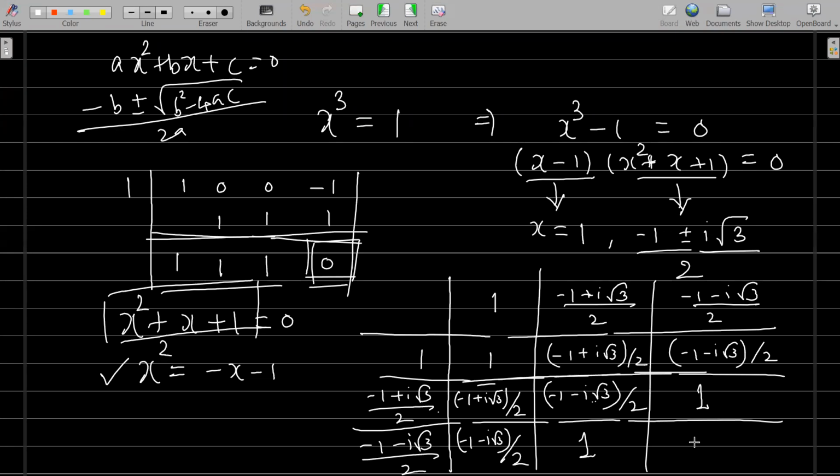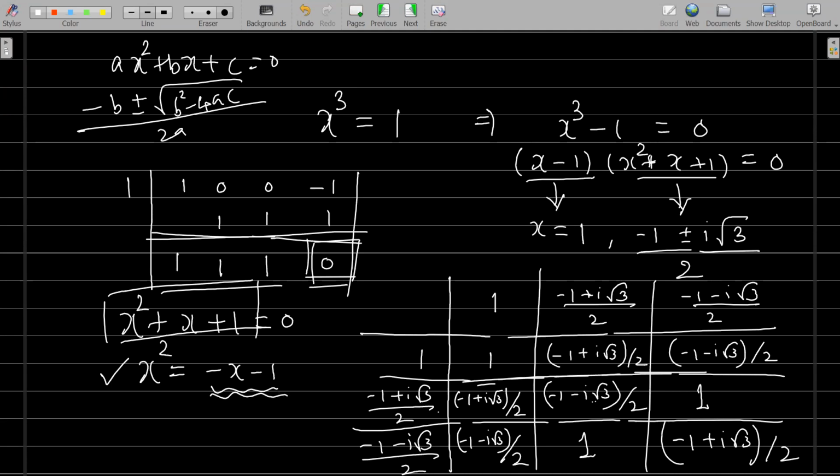Okay. And similarly, check the second one. I mean, the second product. Again, you don't have to multiply. It's minus x minus 1. And now hopefully we can guess, if at all it's a group, it has to be that first element. So it should be, check, minus 1 plus i root 3 upon 2.